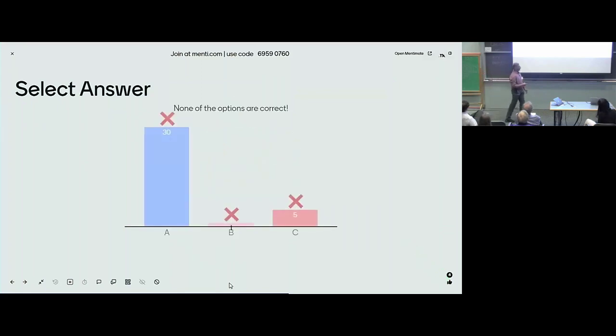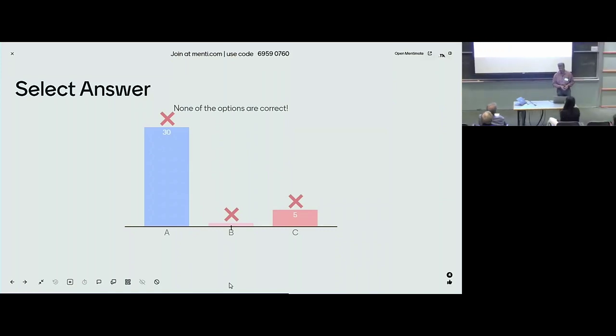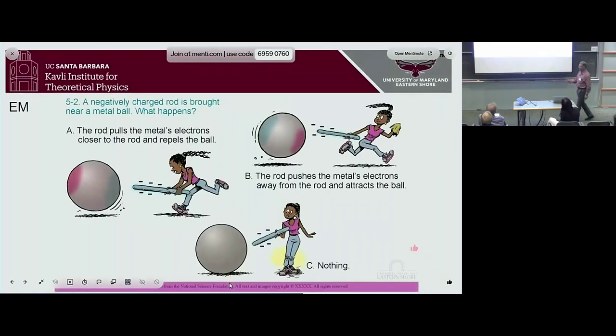Yeah. So, we teach that in class, right? We teach the induction, how you do inductive charge transfer. So if I frame the question more like this, then I'm sure more people would get the correct answer.